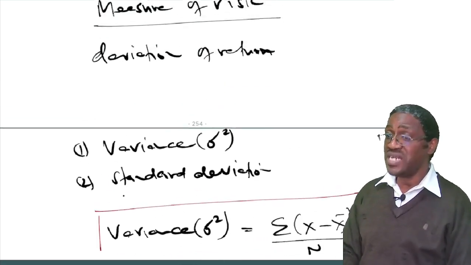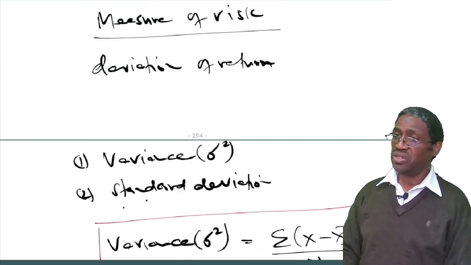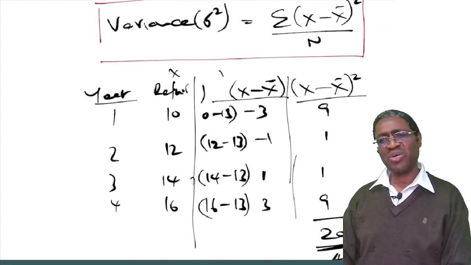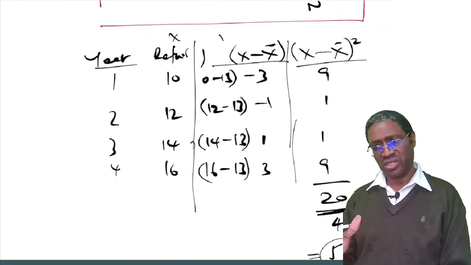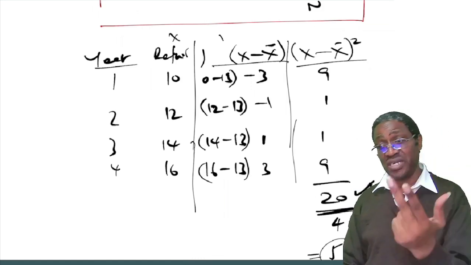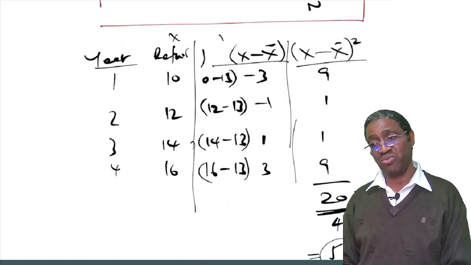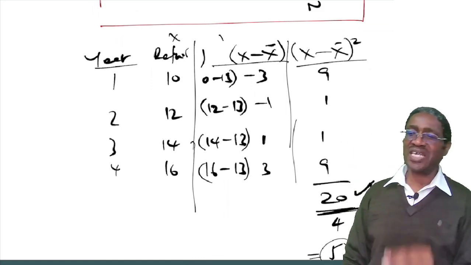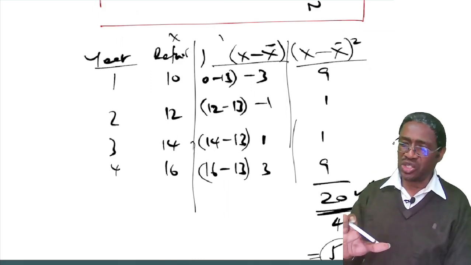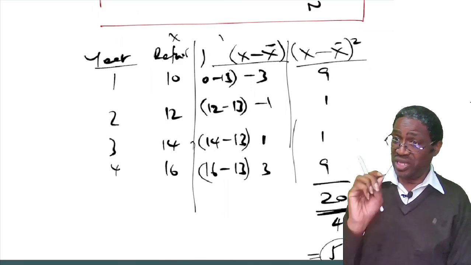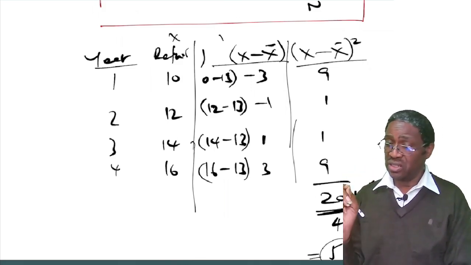Then, to get a measure of risk, you calculate either the variance or the standard deviation. Those are the two measures of risk. How do you get the variance? Get the sum of the squared deviations from the mean.